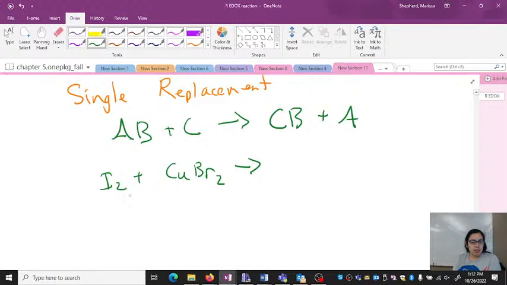And so in this case, they swap. And does that give you copper iodide, I presume? Yeah. And so that's one single replacement, so swapping. So then we get copper I2 plus bromine gas would be released. That's one example.